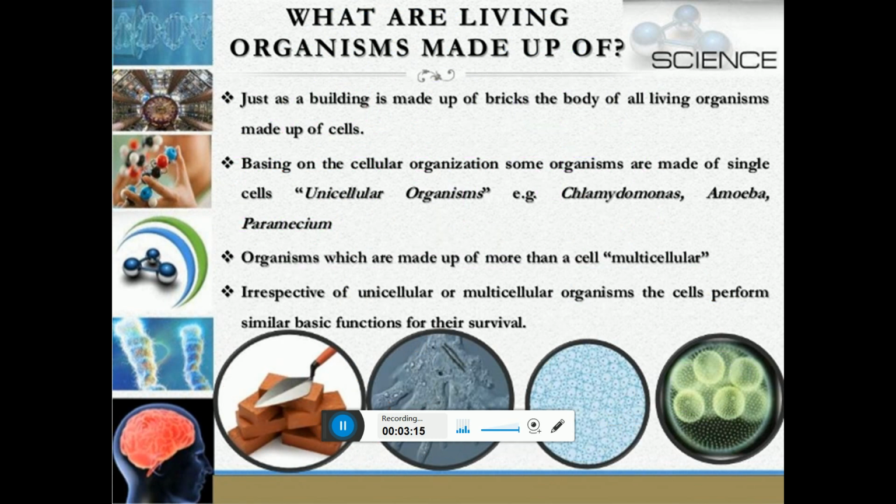Now let's talk about what living organisms are made up of. The invention of magnifying lenses led to the discovery of the microscopic world. It is now known that a single cell may constitute a whole organism, as in amoeba, chlamydomonas, paramecium, and bacteria.